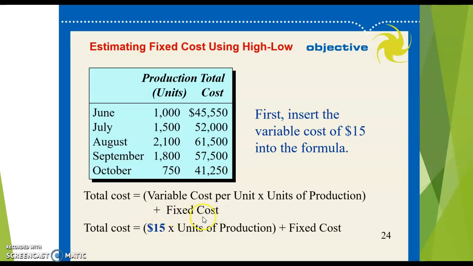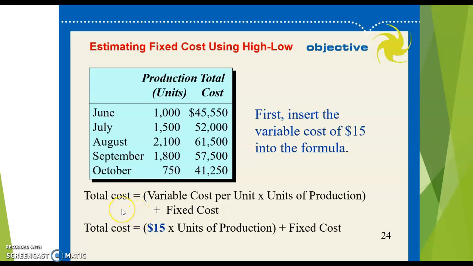Then we need to add the total fixed cost, and that will give us the total grand cost. So for August and October, we already know the total grand cost, and we know the variable cost is $1,500, and we know the number of units for those 2 months as well.